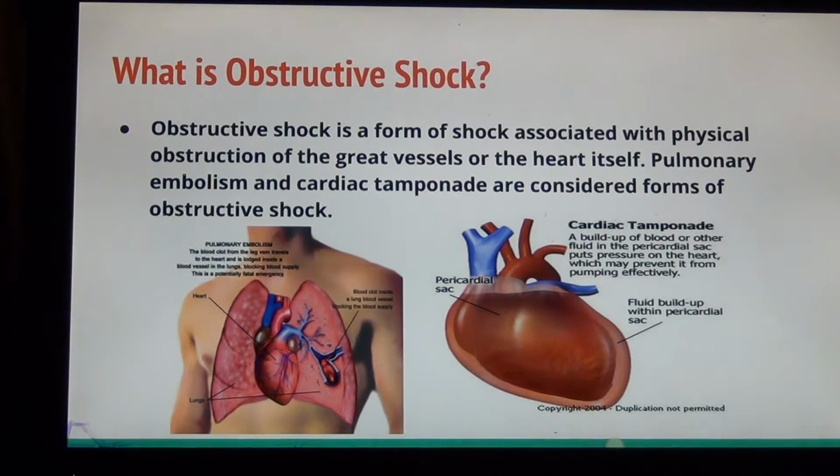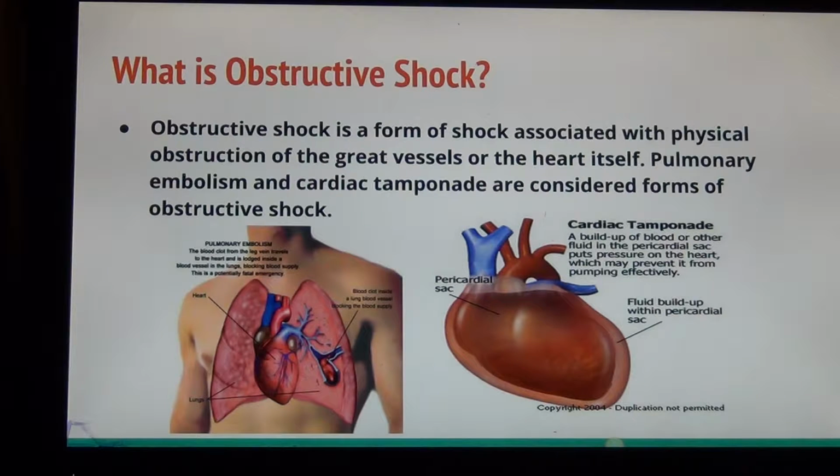What is obstructive shock? Obstructive shock is a form of shock associated with physical obstruction of the great vessels or the heart itself. Pulmonary embolism and cardiac tamponade are considered two forms of obstructive shock.